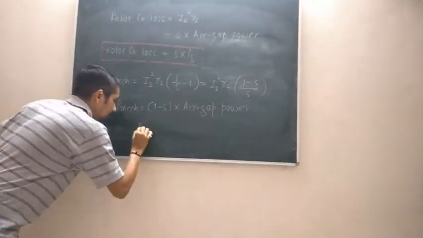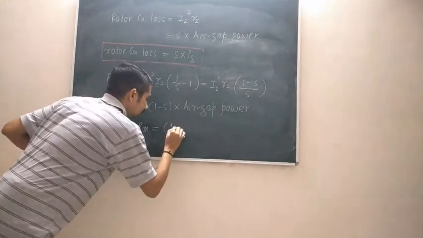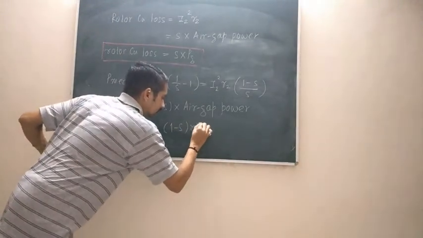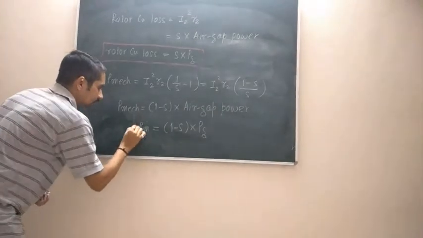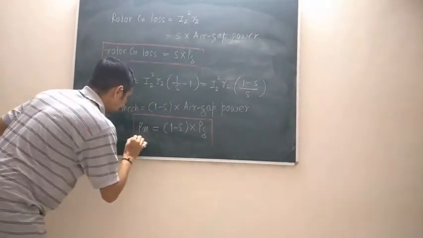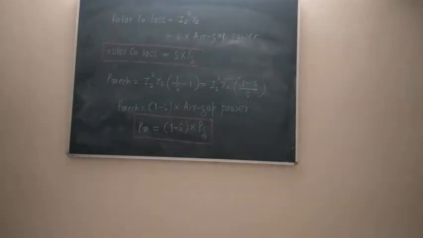Simply to remember this, Pm is given by the formula (1 minus S) times PG. So this is another expression that we have found out for the mechanical power.